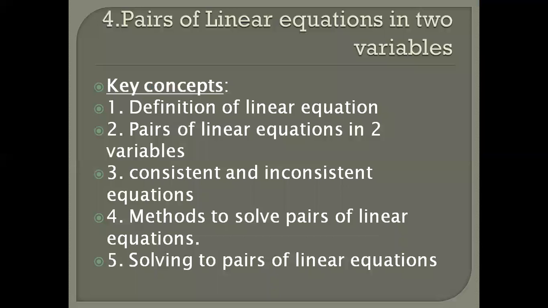Now the pairs of linear equations in two variables, the main key concepts which you are going to learn in this chapter are definition of linear equation, pairs of linear equations in two variables, means how to write the general form of the pairs of linear equations in two variables, consistent and inconsistent equations, methods to solve the pairs of linear equations, and solving pairs of linear equations. So first, we'll move on to the first part of this key concept, that is definition of linear equations.